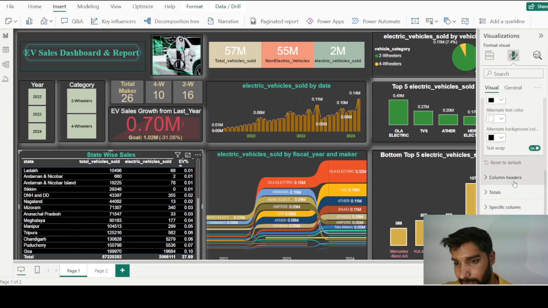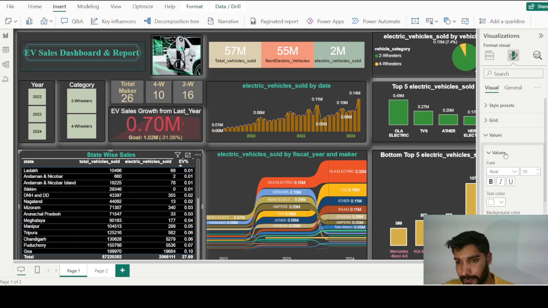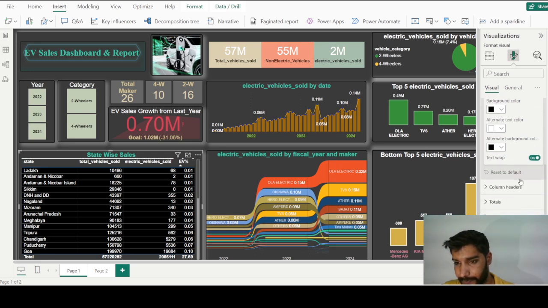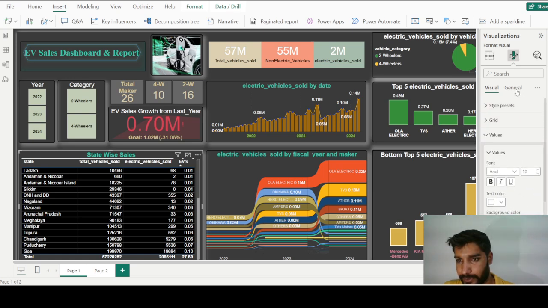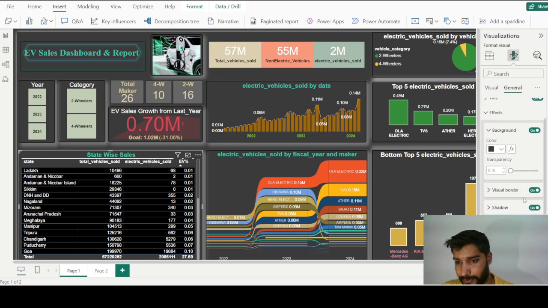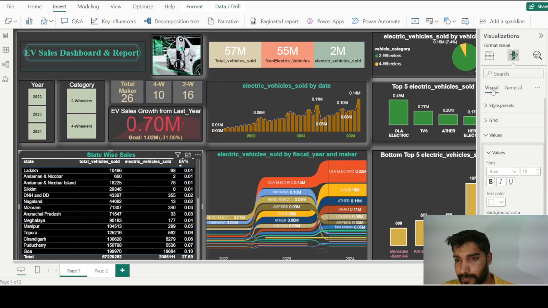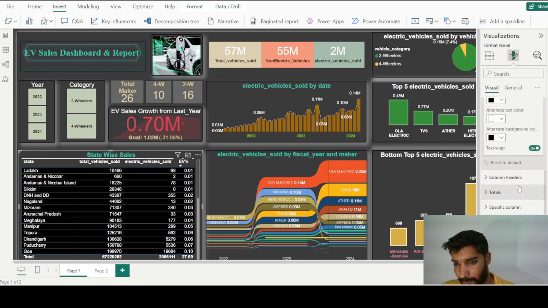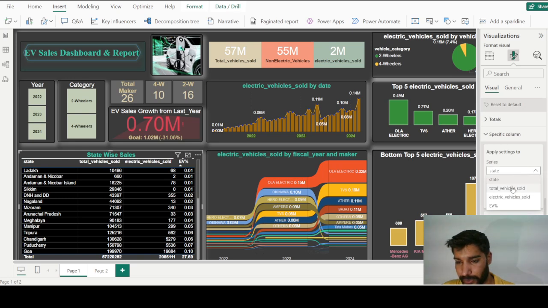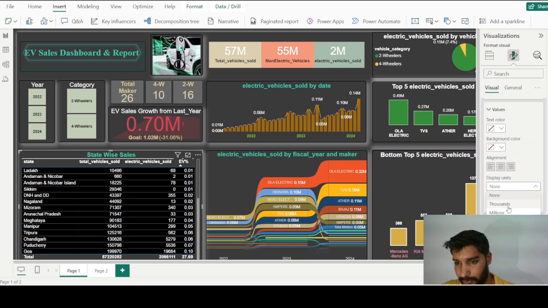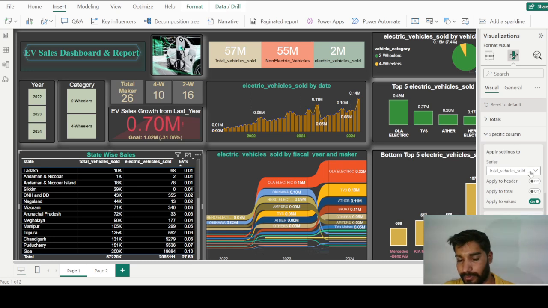I think this number is shown in digits, so we will change this. Column headers, no problem. Specific column, state, total vehicle sold. Yeah, this is showing in digits. 1000 is looking like a much better number.